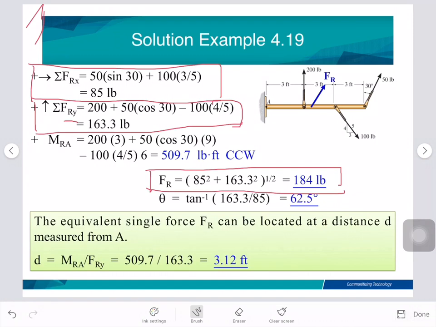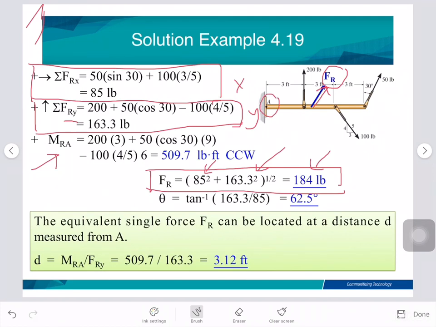This is the FRX, this is the FRY from here. This is Y. So the force resultant magnitude is 184 pounds.